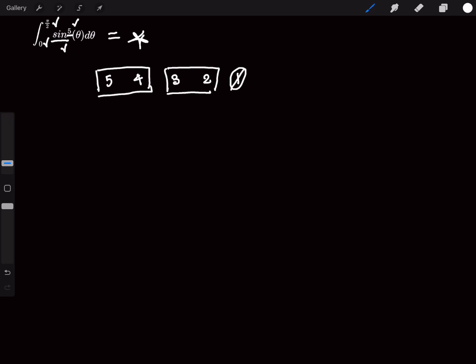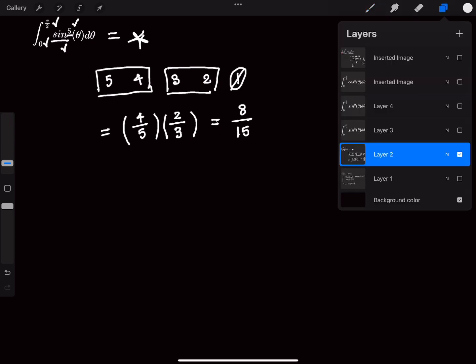Okay, then since the denominator is always going to be greater than the numerator, we have 4 over 5 times 2 over 3. And that is going to be equal to 8 over 15. And that's our answer. Okay, now let's try some more difficult ones where the numbers are slightly bigger.